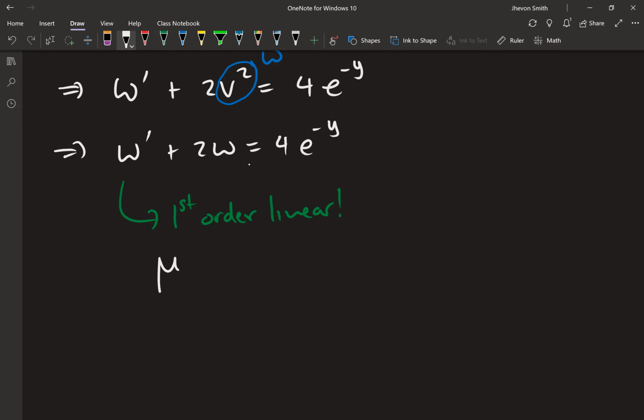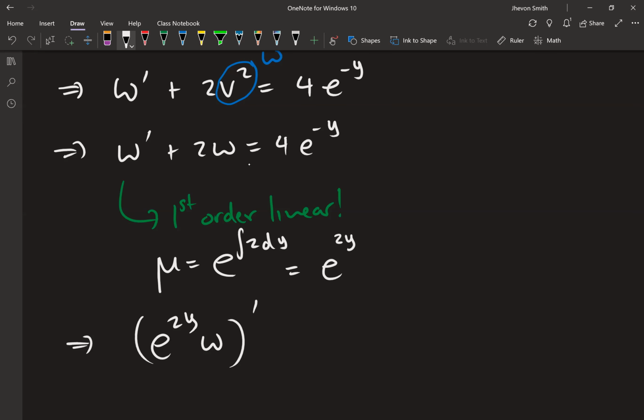So I'm going to find the mu, which is e to the integral of 2 dy. It's going to be e to the 2y. This side then is going to be e to the 2y times w, all prime.